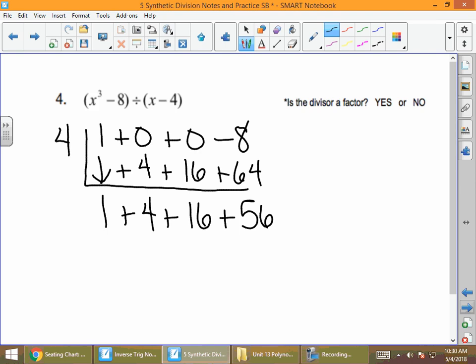And we're going to put our exponents back in, our variables back in. We started with x cubed, which means we're going to finish with x squared.